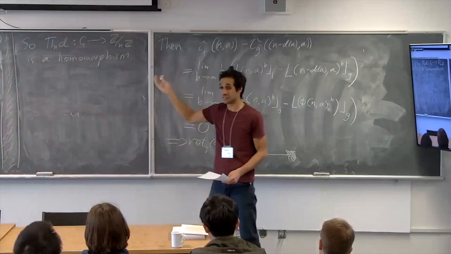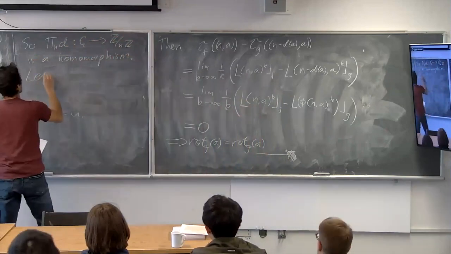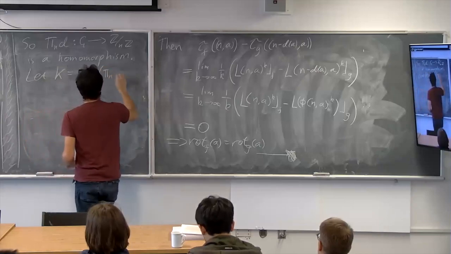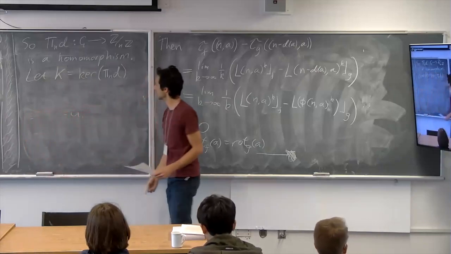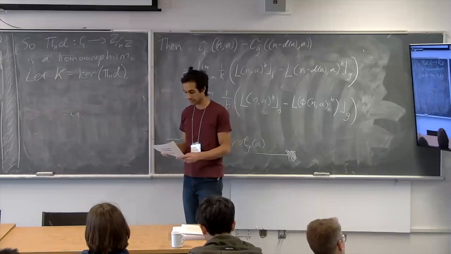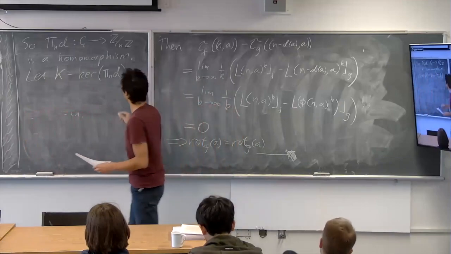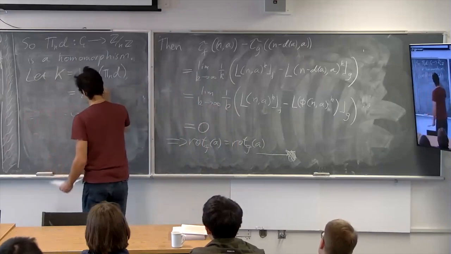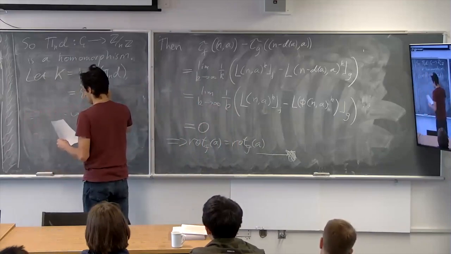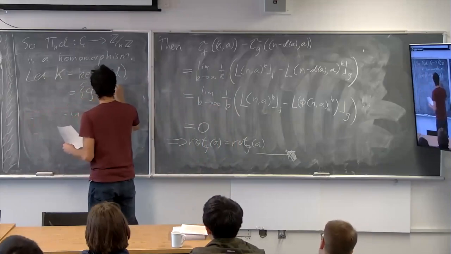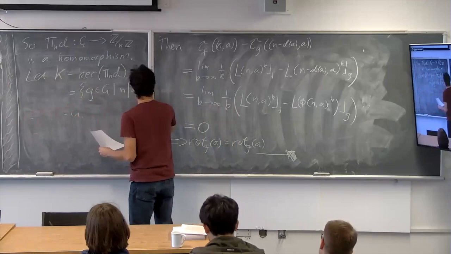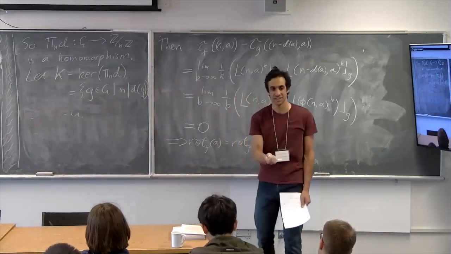Let's look at the kernel of this homomorphism. Let K be equal to the kernel of pi n of D. Let's unwrap it: it's all the g in your group such that n divides D of g, where n is an integer and D of g is an integer.